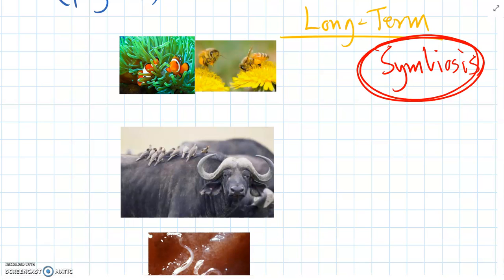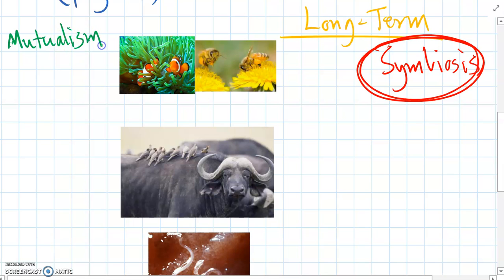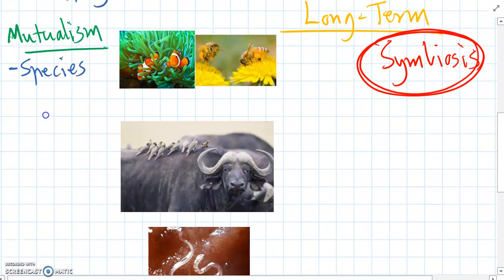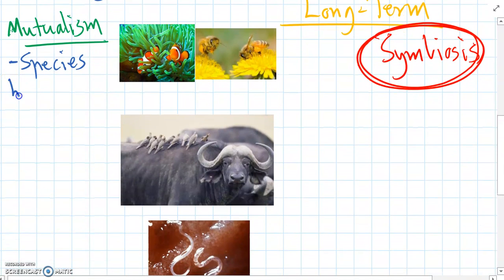So the first long-term relationship is called a mutualism. And in mutualism, each species helps each other. Just like in collaboration, but it's over a long period of time. So the species or the individuals help each other.